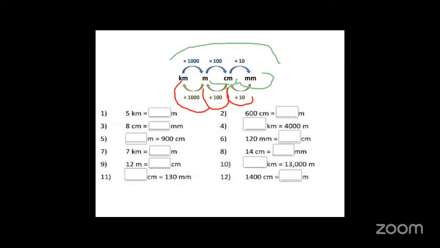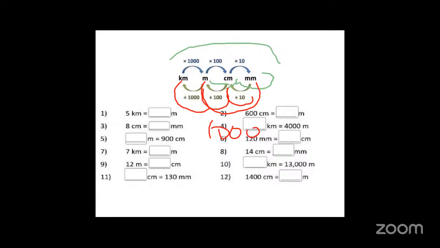So if I'm to move from millimeter to meter, what should I do? It means that I would divide. I'm going 2 steps, so that would be 10 and 100. So I'll divide by 1,000.